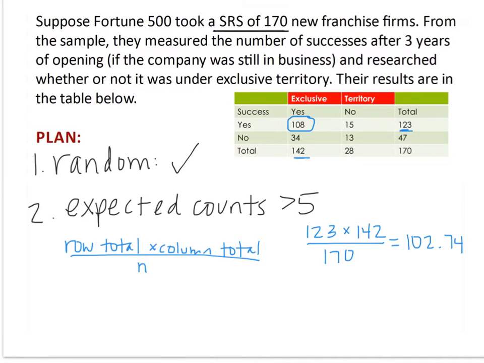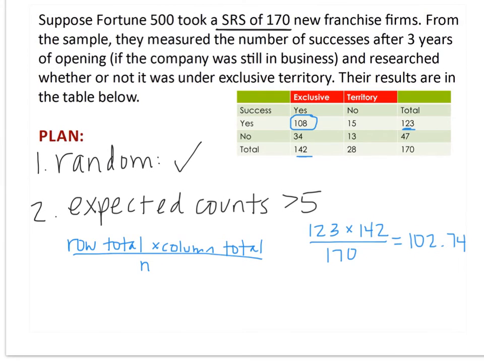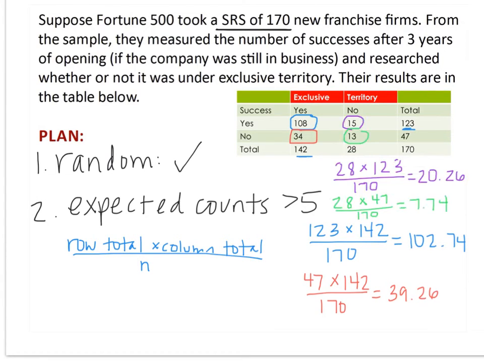Now I can keep going and checking my expected counts. For example, if I wanted to do this no and yes box, I would do 47 times 142 divided by 170, and that would give me 39.26. And then if I were to keep going, I would get these two values right here.